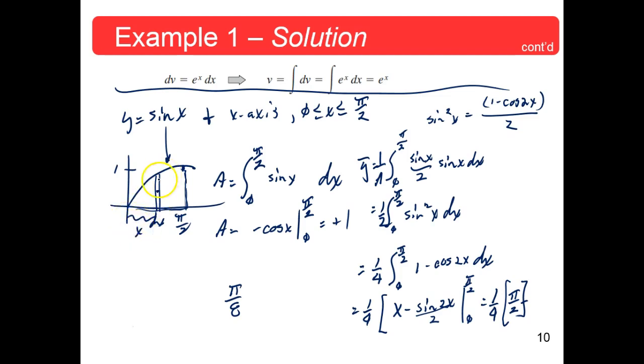That's x times the height times your displacement, times your differential. So that would be the integral of x sine x, and I know the dx will be there, okay?